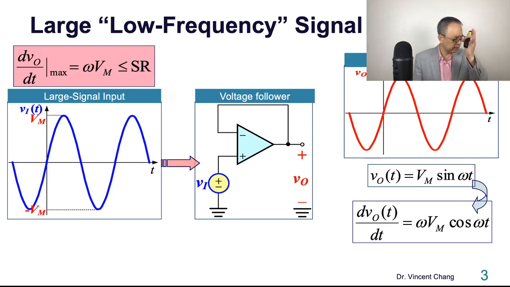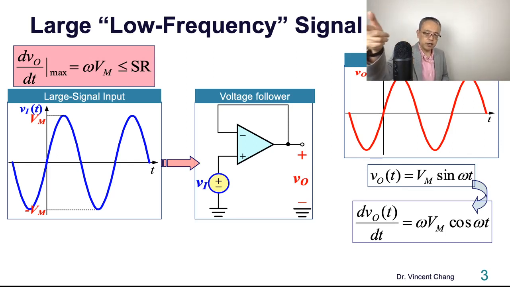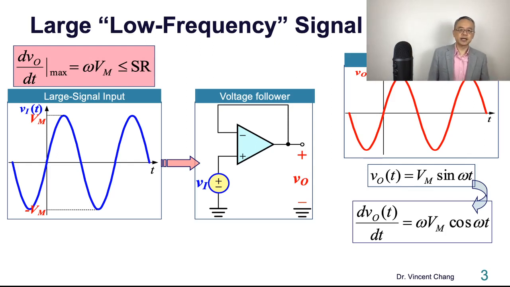We know there's a limit. So the maximum of dVo/dt cannot exceed, cannot violate, cannot cross the limit of slew rate, right? The maximum value of dVo/dt is when cosine equals 1.